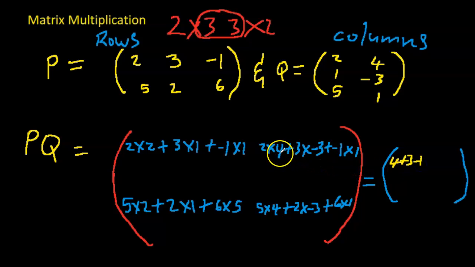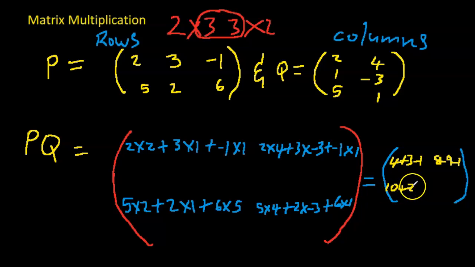Here we have 2 times 4. That's 8. Three times minus 3, that's minus 9. And minus 1 times 1, that's minus 1. Down here we have 5 times 2, 10. 2 times 1, 2.